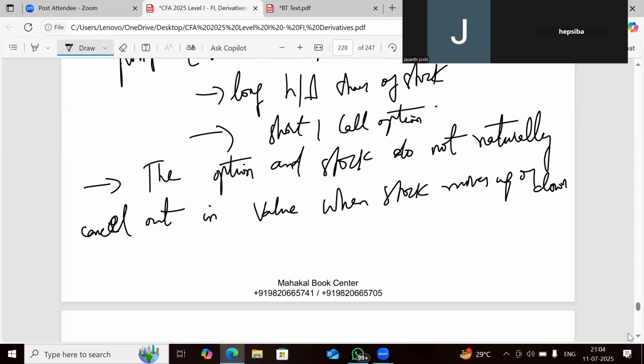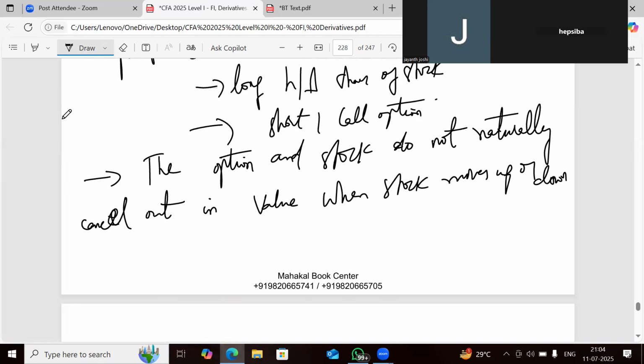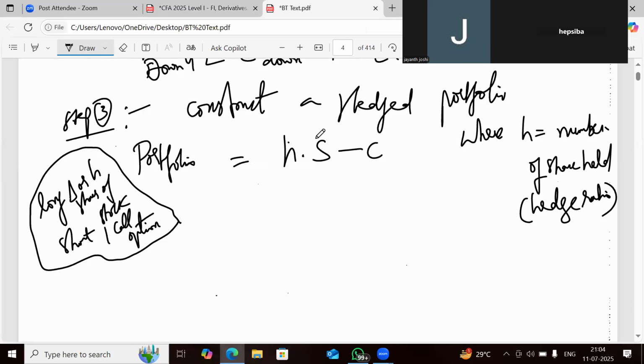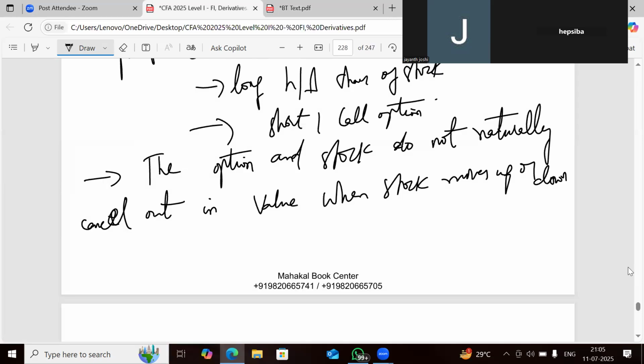Because the portfolio we are making here is the portfolio of the stock, as in the equation I gave you, with some hedge ratio. We are taking this purposefully to make the portfolio equal on both sides. Otherwise, naturally, this portfolio of normal stock without the hedge ratio and the option will not be equal when they go up and when they go down. See how?